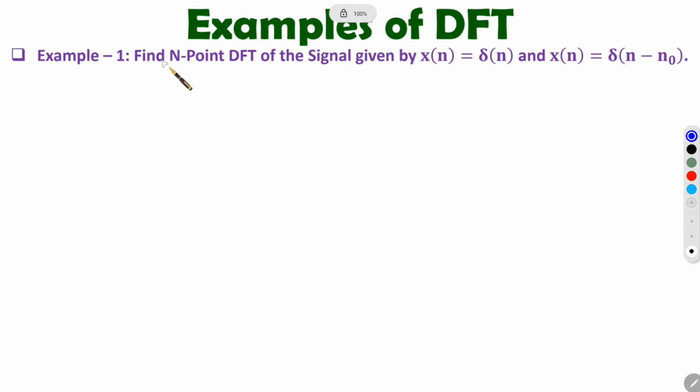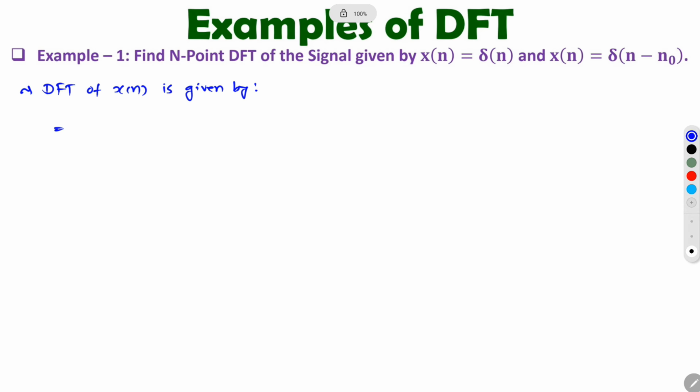See, in question 1, we need to determine the N-point DFT of the signals given by x of n equals delta of n, and x of n equals delta of n minus n naught. So first of all, I will identify the DFT of signal x of n, that is delta of n. One should know the equation of DFT.